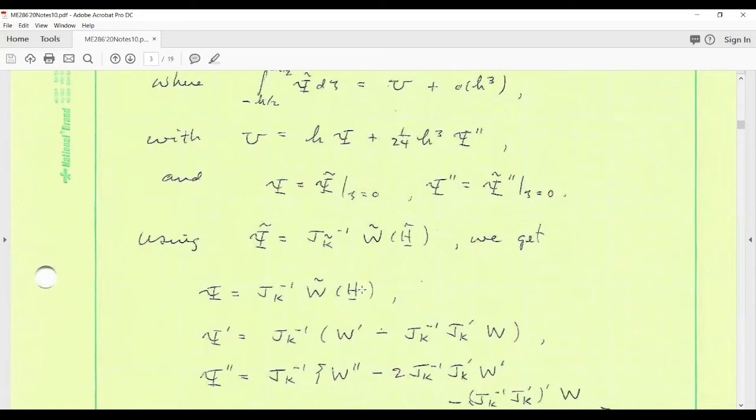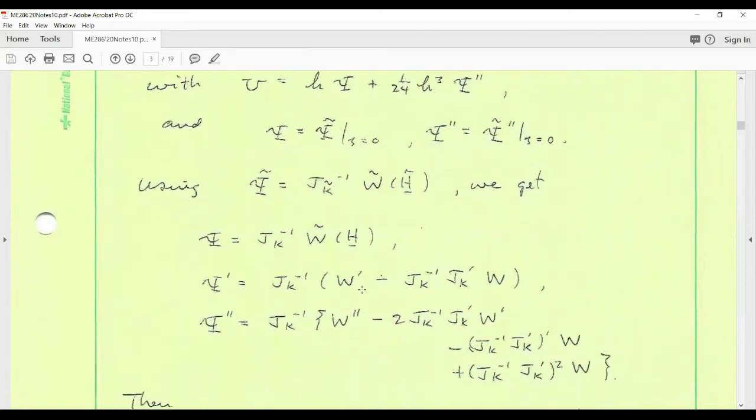H is the elastic deformation on the midplane. The first derivative would give you this. You can easily, these are all midplane values. The prime means, again, a zeta derivative evaluated on the midplane. Okay. So I'll let you confirm these formulas. You just, the obvious thing to do, take a further derivative and evaluate on the midplane.